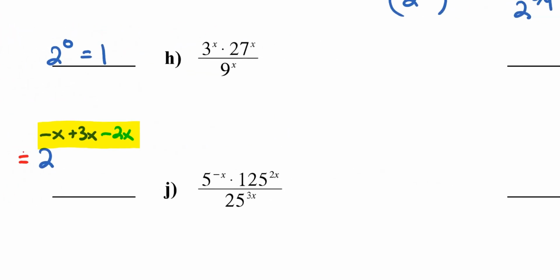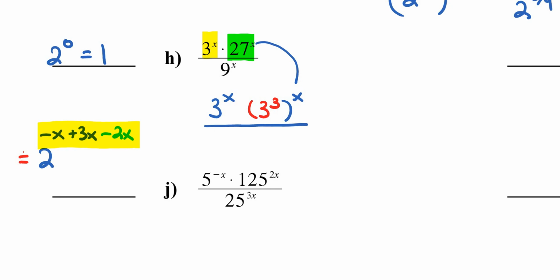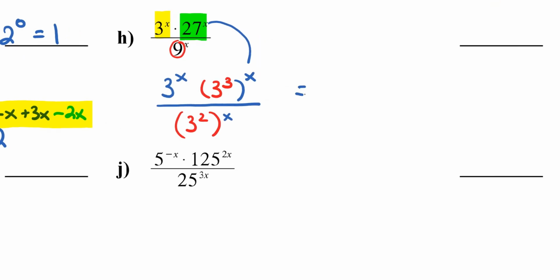Hopefully h will be a little bit easier. I see a 3^x there, so I can leave that as is. There's a 27, and 27 is the same thing as 3 to the power 3, and then that x is tagging along, divided by, now this 9 here is the same thing as 3 to the power 2, and then the x will tag along. After that, I would just multiply the powers.